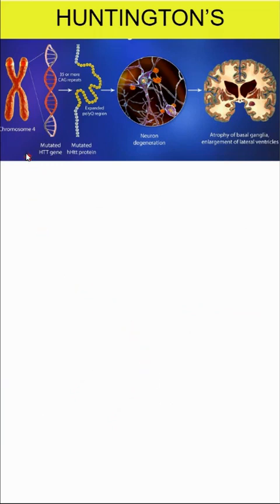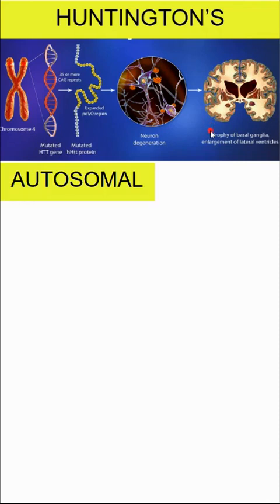Huntington's is another example. Huntington's occurs because of a problem with the DNA on chromosome 4. There's a lot of extra repeats within this particular gene, which creates an expanded protein. This expanded protein does not carry out the function that the protein is supposed to do, and it actually becomes a toxin and causes degeneration in a person's brain.